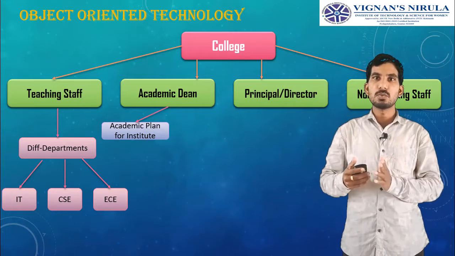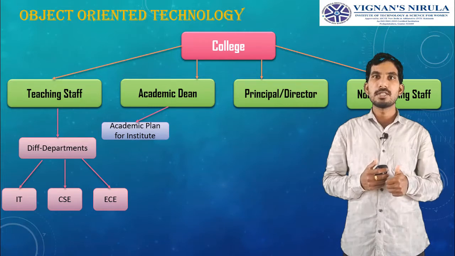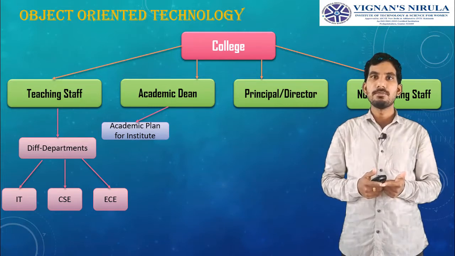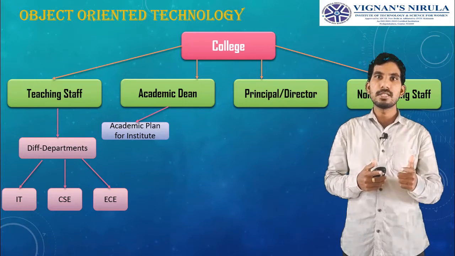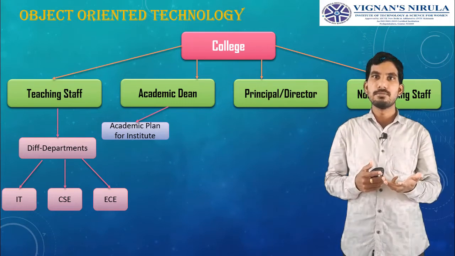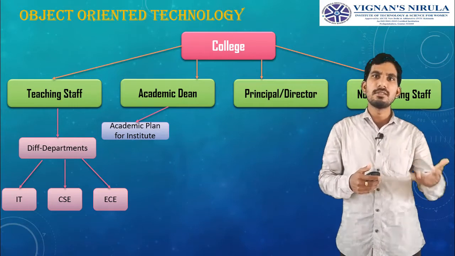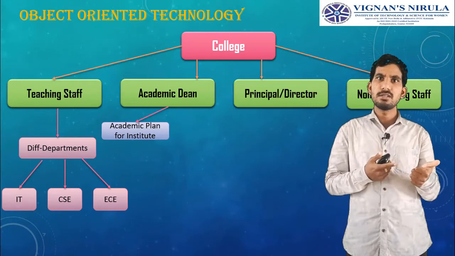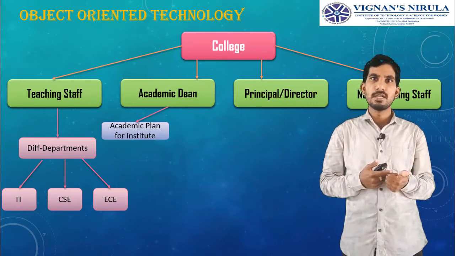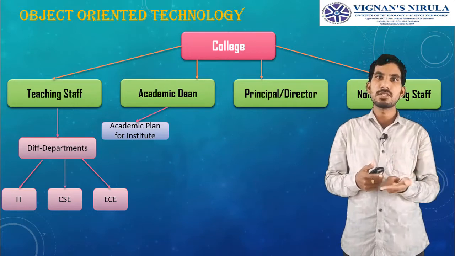Coming to the next one, non-teaching staff. Every department maintains non-teaching staff, which is a living object. They work in different activities: an attender is one type of non-teaching staff, some members work in the administration section, and some work in the library section.